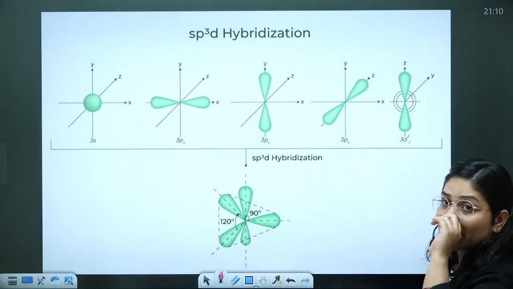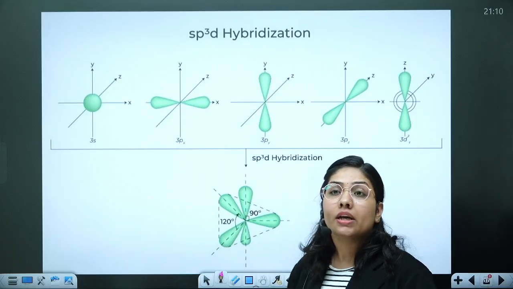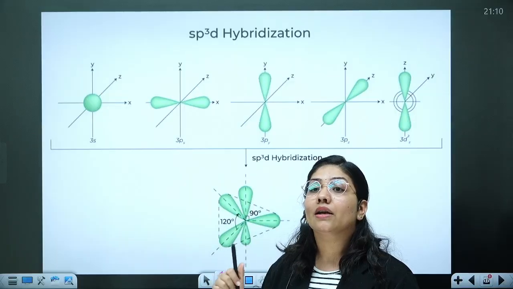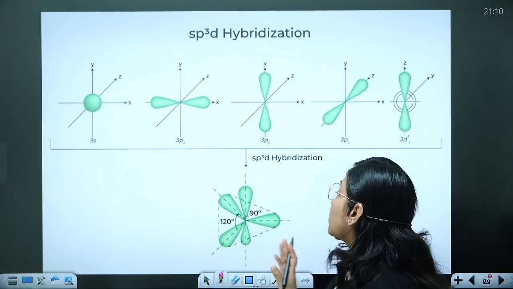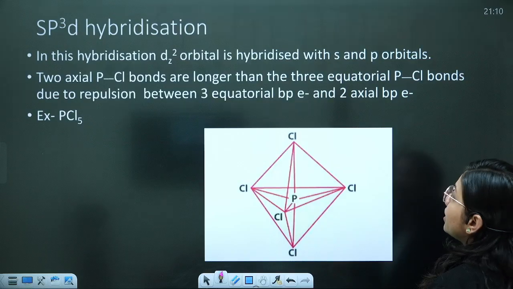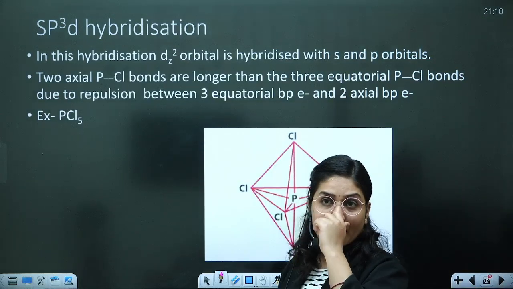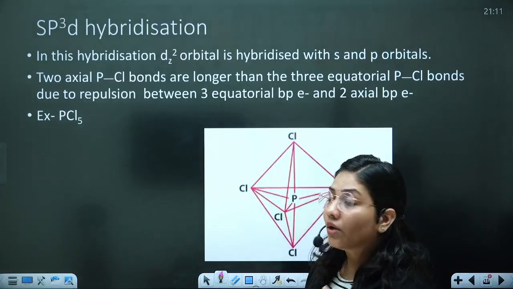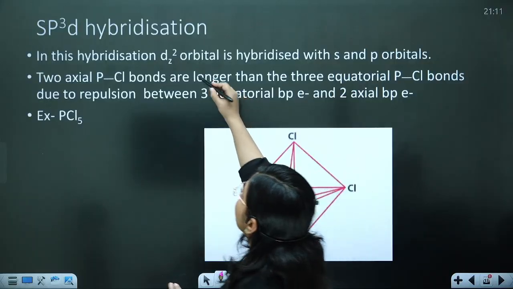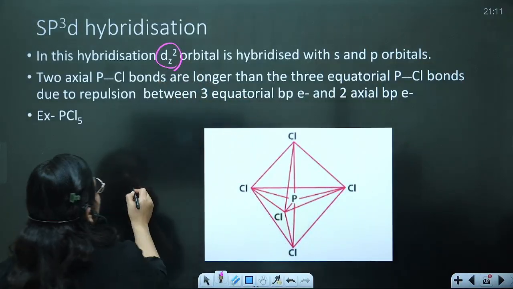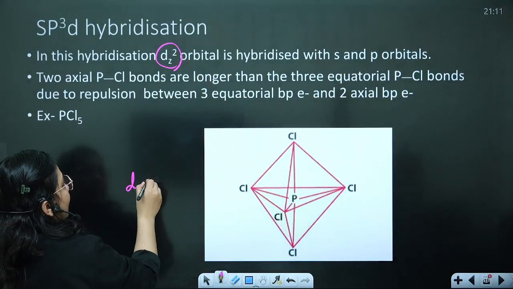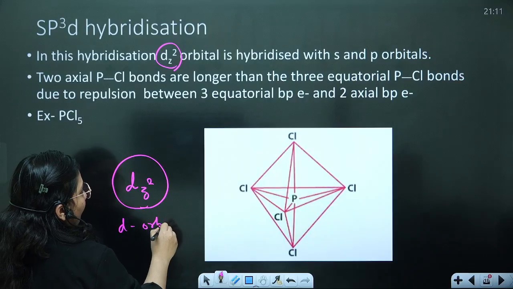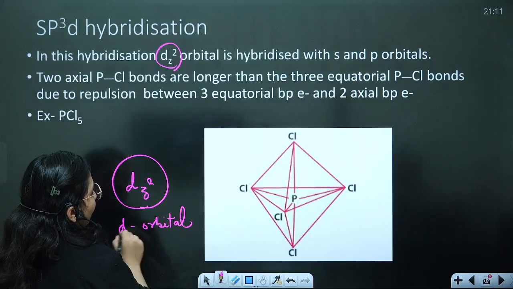See, this is sp3d hybridization. In this hybridization, there is the entry of a d orbital. So sometimes the question is asked which d orbital participates in forming the sp3d hybridized state. Okay, in this hybridization, the dz square orbital participates.